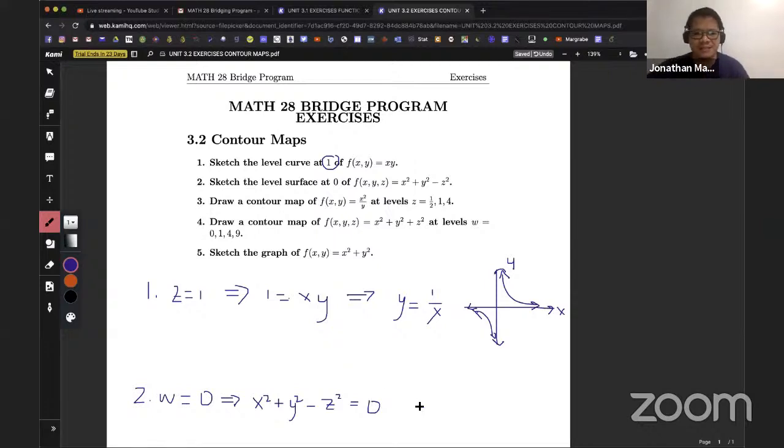Natatandaan pa ba? Elliptic cone? No. Wait lang. Tama ka pala.